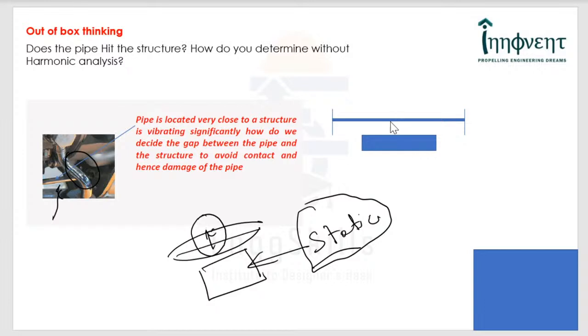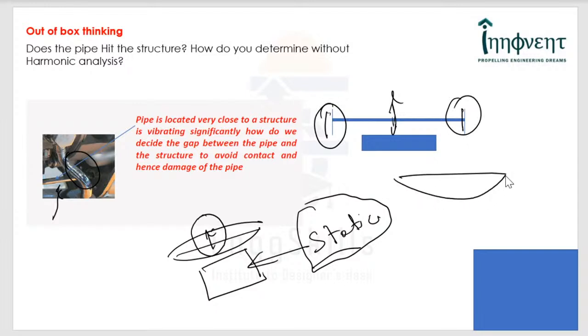Now, if you say that this pipe is vibrating, then consider it to be a beam with whatever constraints it has. And since we know that the first mode, the first flexural mode, is the most potential mode, then you can in fact apply a force to deflect it.